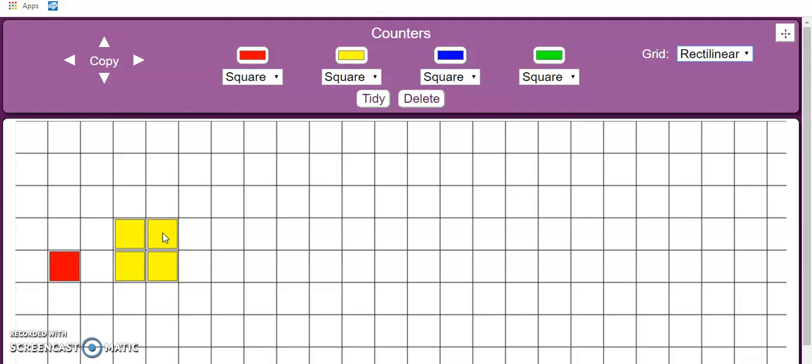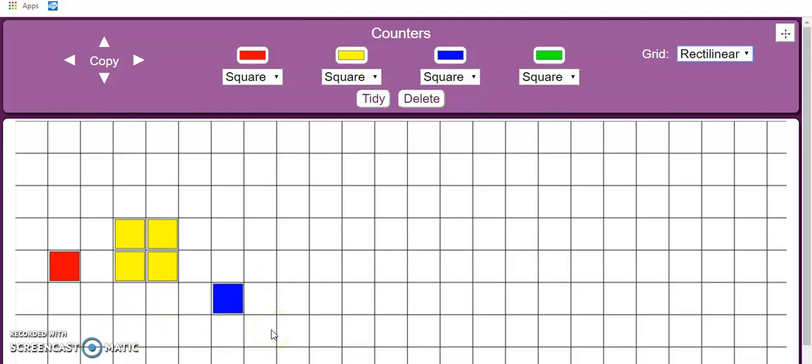Now the next square number, what I'd like you to do is pause the video, go to the applet, and try this yourself. Because when you just watch someone else explain it, you're not really practicing. Learning happens better when you try it yourself. So I want you to try and make the next square number, which is 9, using the blue blocks.